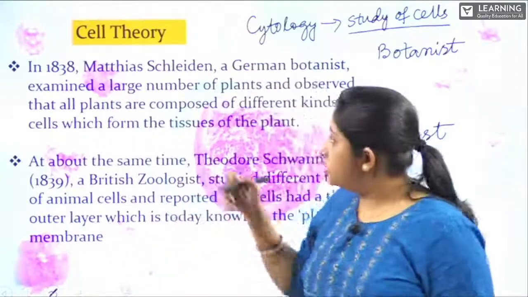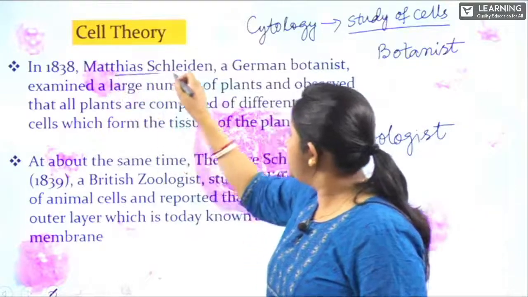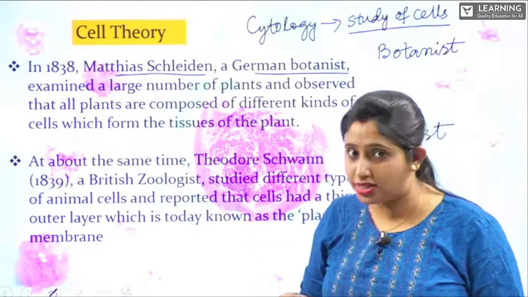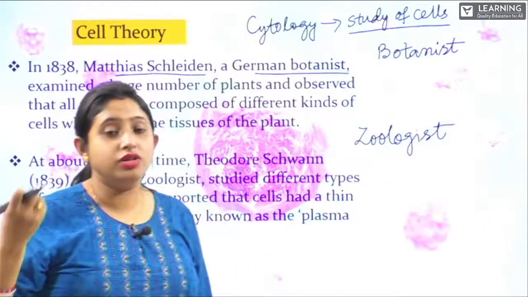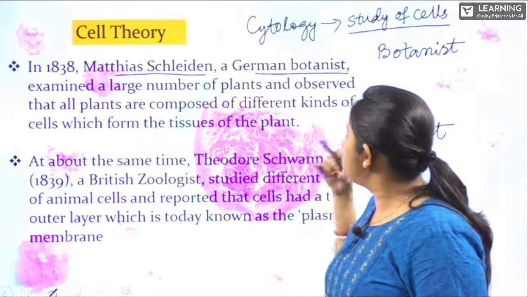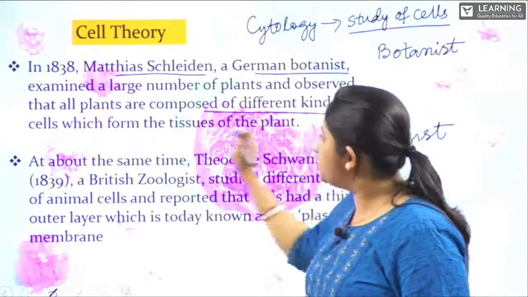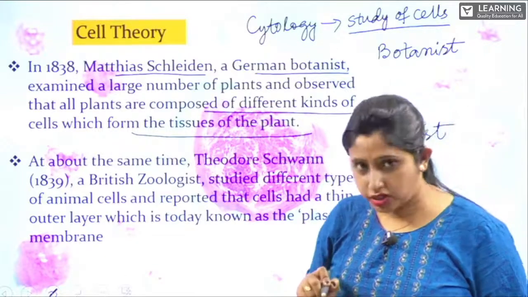In 1838, Matthias Schleiden, a German botanist, examined a large number of plant cells. So he was dealing with plant cells, and he observed that all plants are composed of different kinds of cells which form the tissues of the plants.